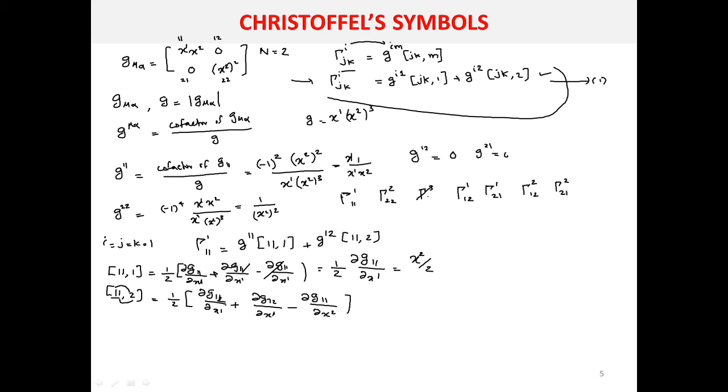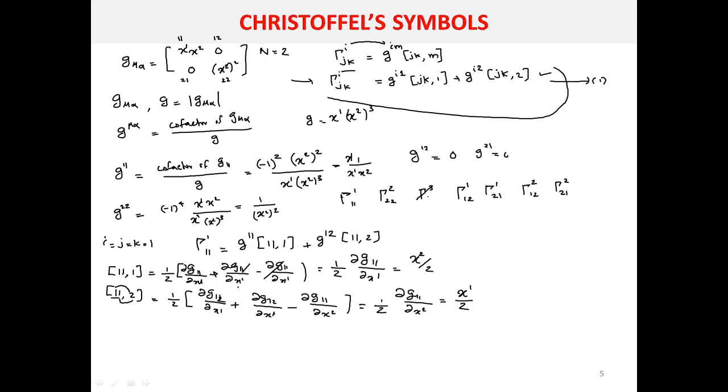Now g12 and g21 are 0, so these two terms will be 0. Then this equation becomes 1 by 2 dou g11 by dou x2. The value of g11 is x1 x2. When you differentiate it with respect to x2, you will get x1, so its value will be x1 by 2.